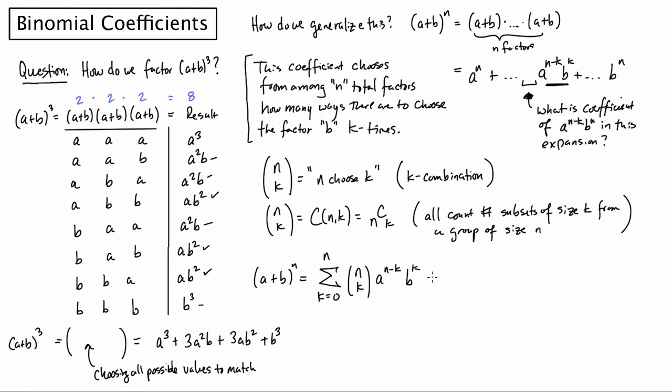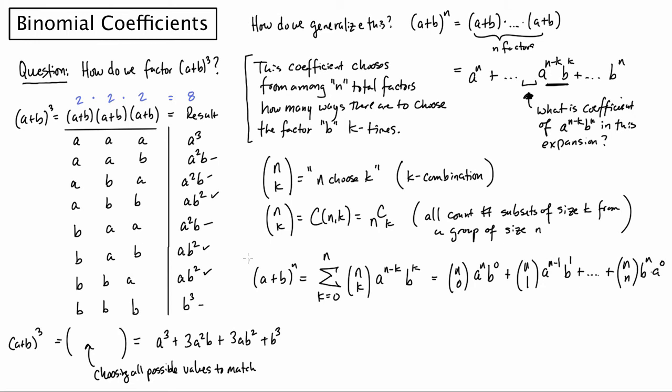If you just wrote out the first couple of terms, it would be n choose 0, a to the n, b to the 0, plus n choose 1, a to the n minus 1, b to the 1, plus, and it would keep going down and terminate with n choose n, b to the n, times a to the 0 here.